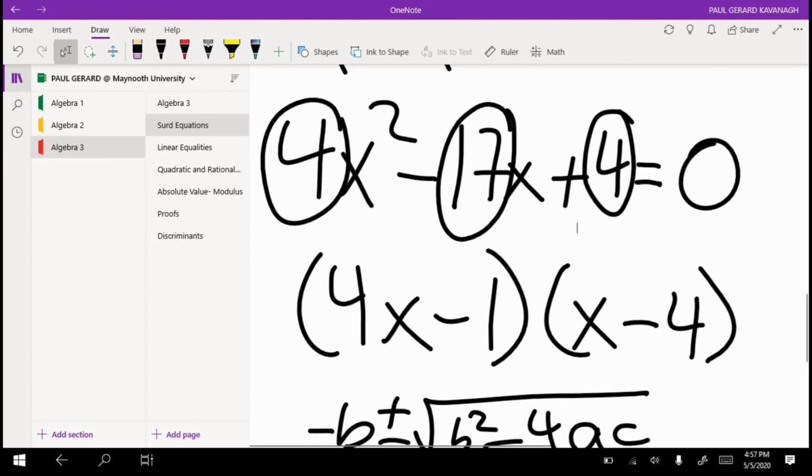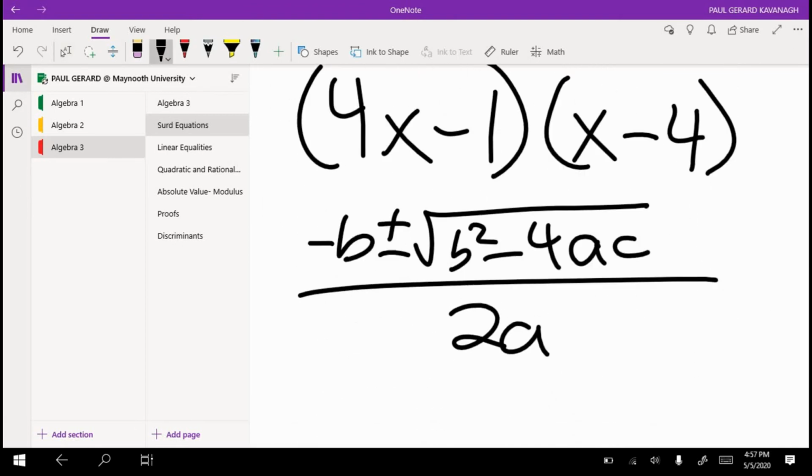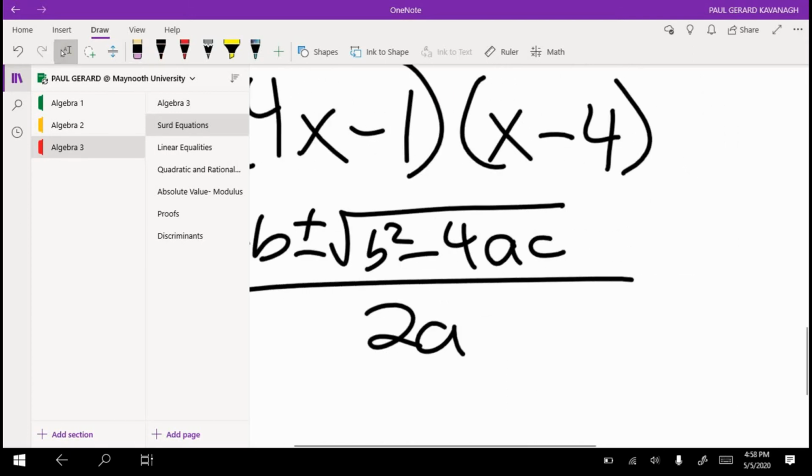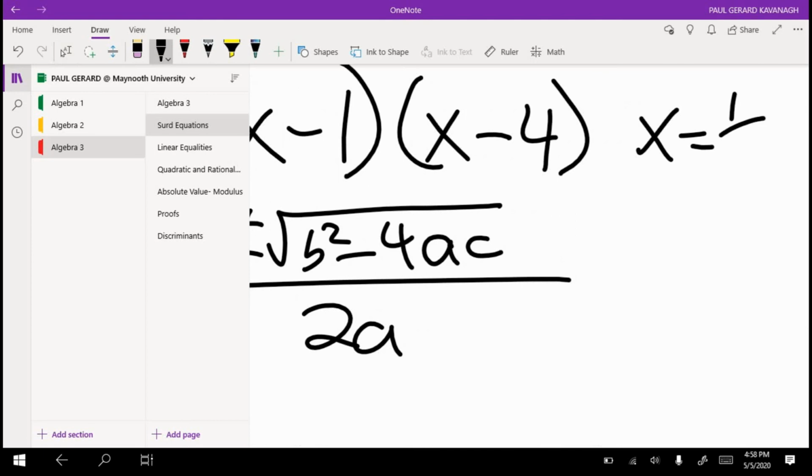So it's actually -17 is b. Before I do this, I'm just going to tell you what the roots are. The roots are going to be 1/4 and 4. So I'll just write that over here. X equals 1/4 or x is equal to 4.